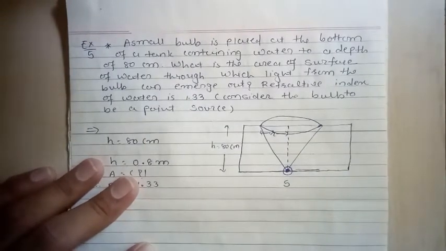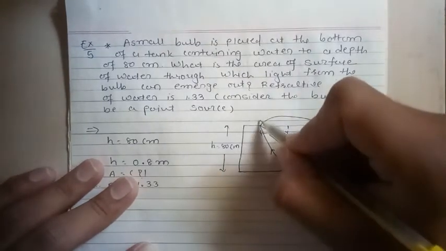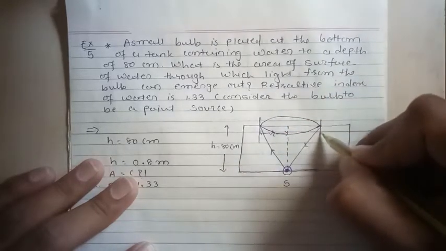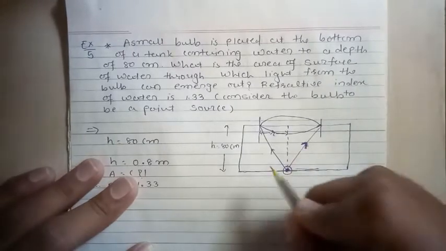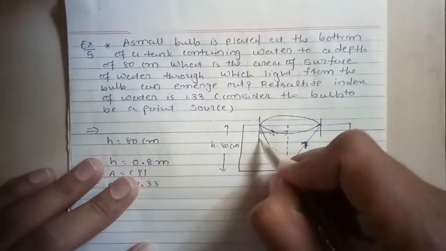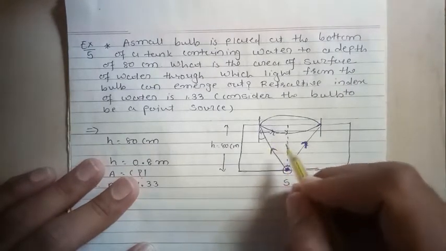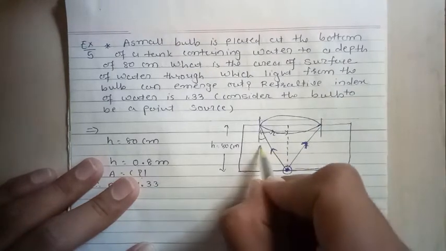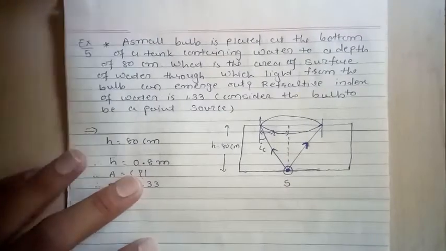Now friends, this is the incident angle, this is the normal. So here like this, so this is the incident angle and the normal. So this is the angle of incidence. But here the ray is incident at the surface at the critical angle, right?